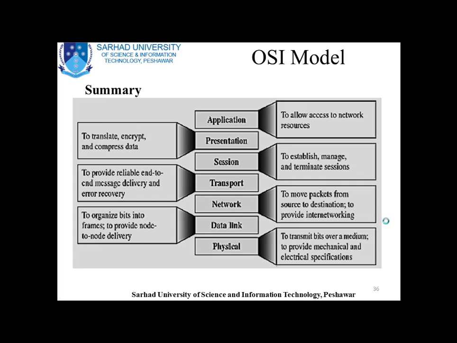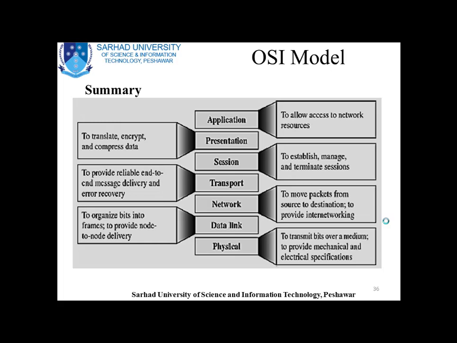Here is a summary of the whole OSI model, starting from the application layer, where the network allows the user access to its resources. Then it is the presentation layer. The presentation layer basically translates, compresses, and encrypts the data. Then comes the session layer. A session layer establishes, manages, and terminates different sessions. The transport layer provides reliable end-to-end message delivery and error recovery.